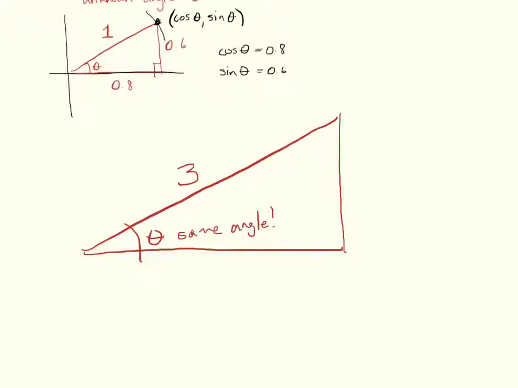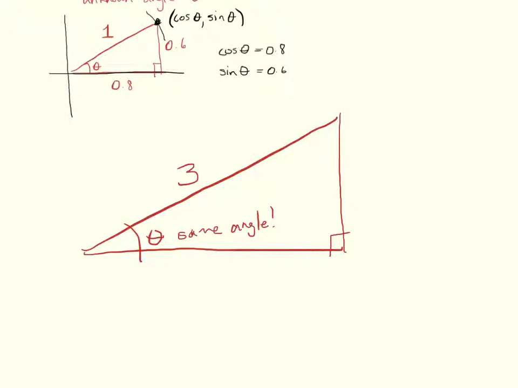What does that mean about similar triangles? First, let's prove that they're similar. That means they have to have the same angles, but not necessarily the same sides. They have the same angle here, because I hypothesized that. And we assume they're both right triangles, so they have the same 90-degree angle. Once you have two angles that match, the third angle matches automatically because they add up to 180.